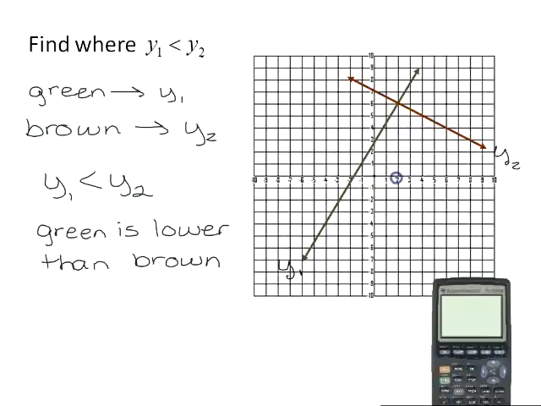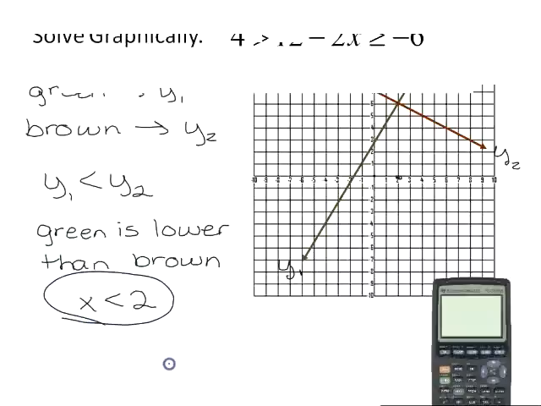So that corresponds to all of the x values up to where the lines intersect, which happens at x equal 2. So x would be less than 2. I would not include the equal mark here because I don't have it here. So anywhere the green line is lower than the brown line, your x values are less than 2.